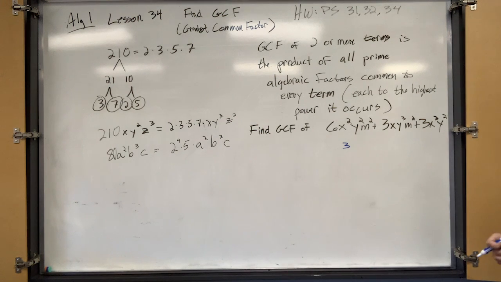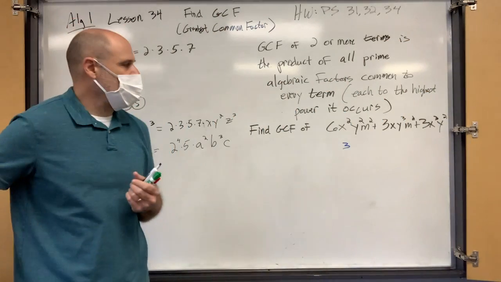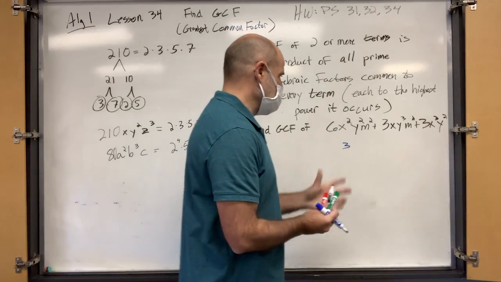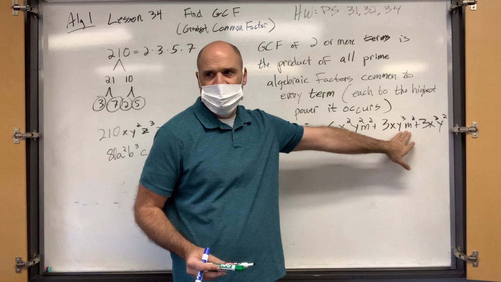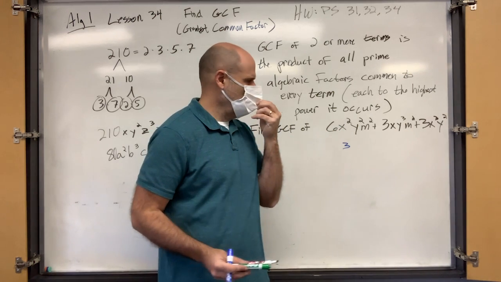Now, algebraically is so much simpler. Algebraically, you don't really have to do much math. You just have to look at which letters they have in common. So they all have X's and Y's in them, right? The last one doesn't have an M, so M's not going to be part of the greatest common factor, okay?